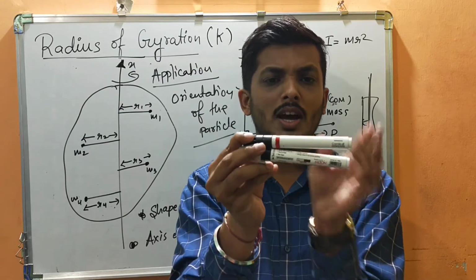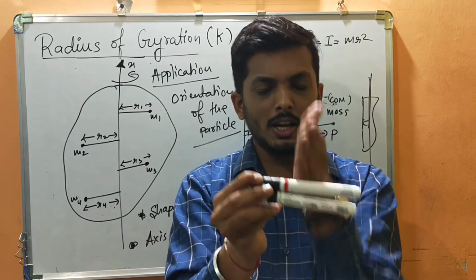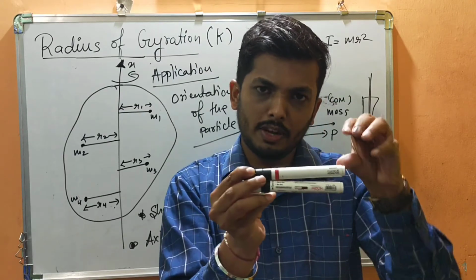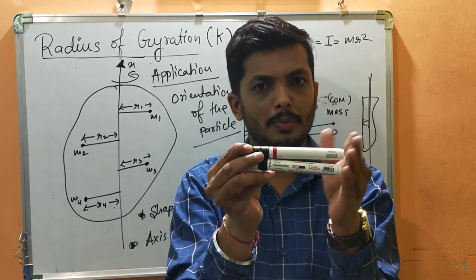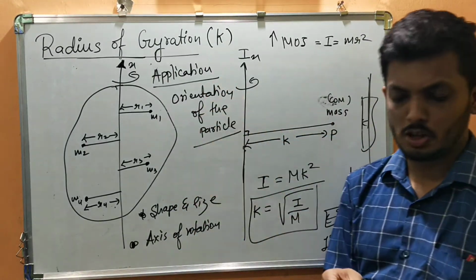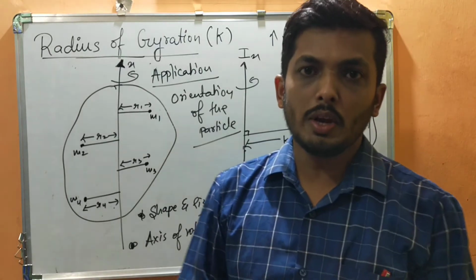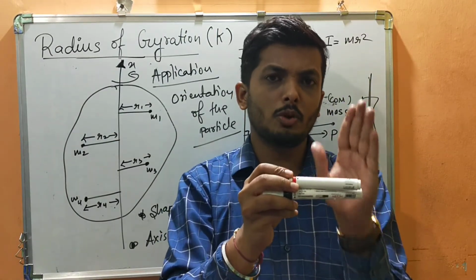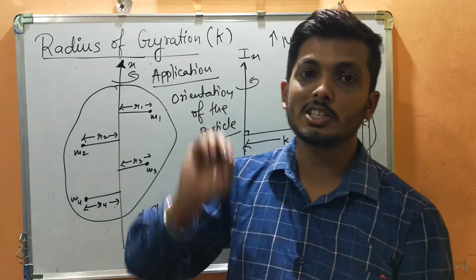Why? Because if I take the perpendicular axis from the center of mass, the distance is the same. So I am just telling radius of gyration on the basis of the orientation of the particle. If the particle is very far from the axis of rotation, it is understood that radius of gyration is more.